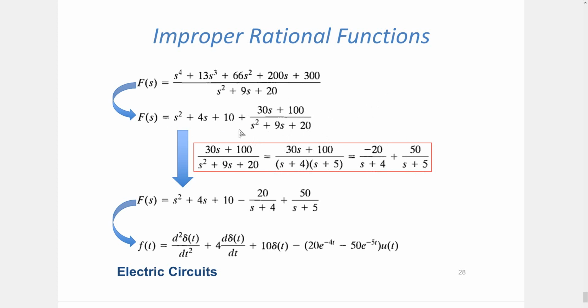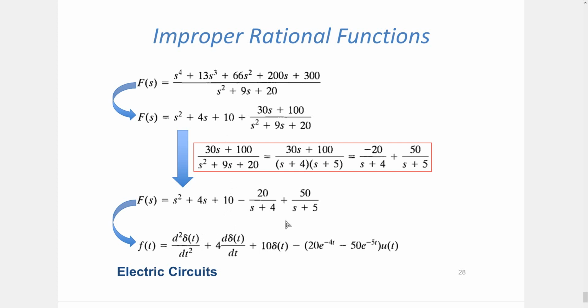And for this part, we can also see that the s squared comes typically from the second derivative of the delta function, and the s comes from the first derivative, and 10 is basically 10 times delta(t).